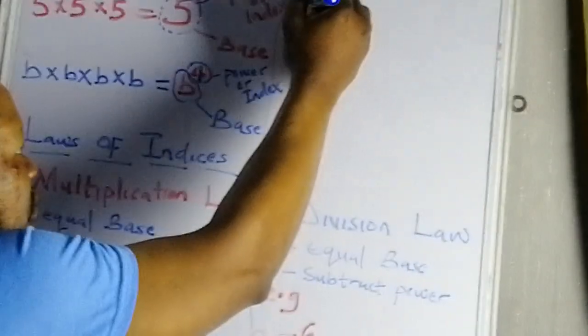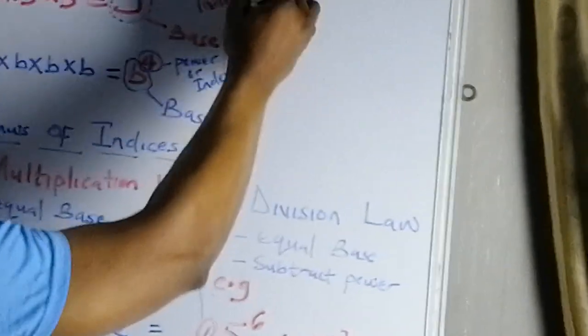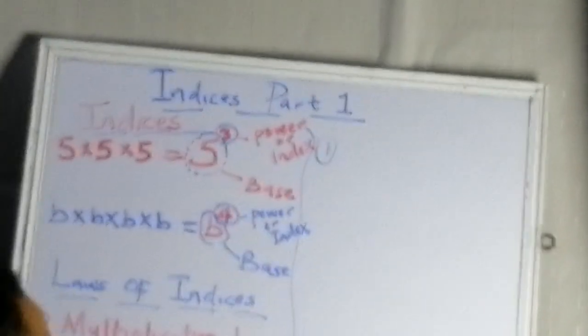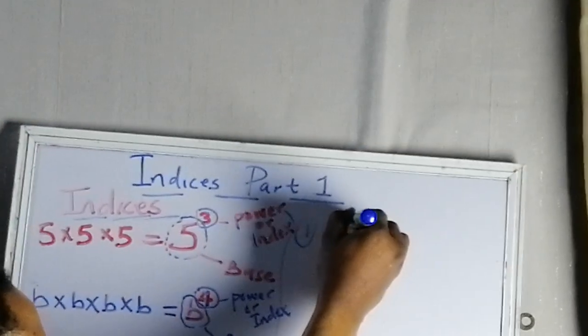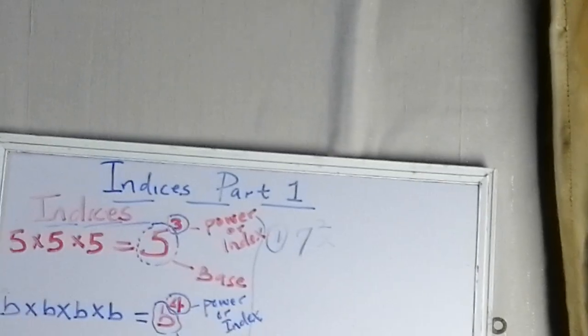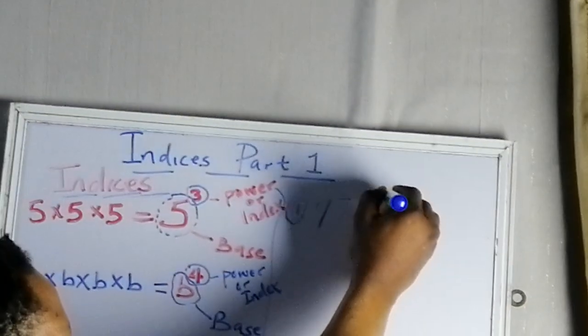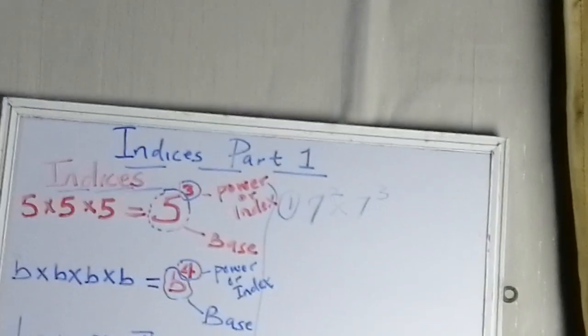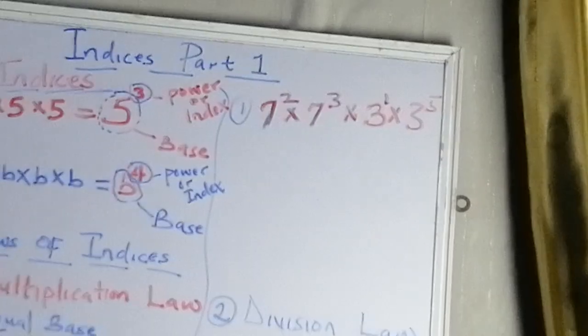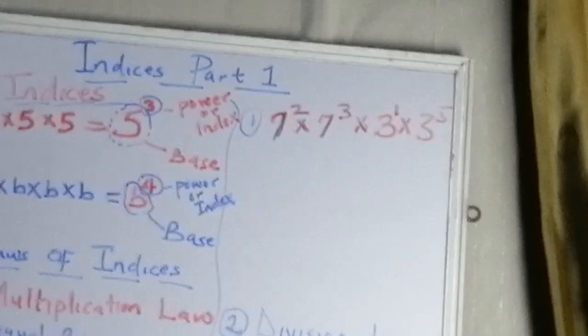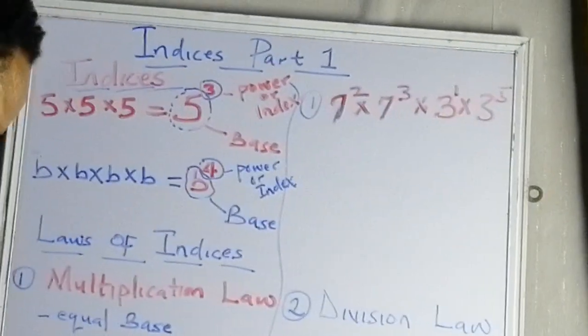I can rearrange it: I pick 7 raised to power 2, then times 7 raised to power 3.